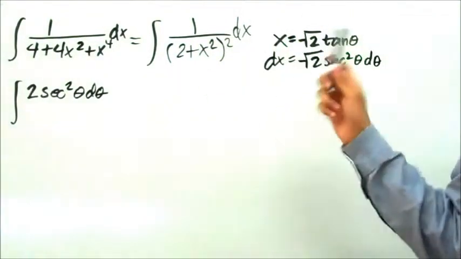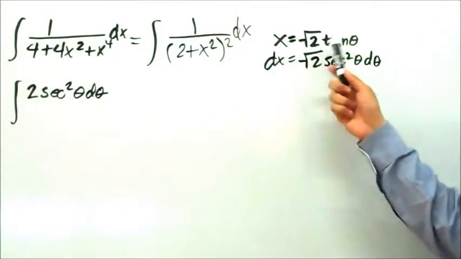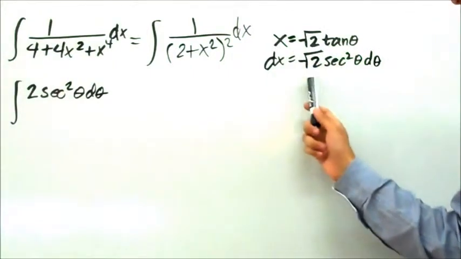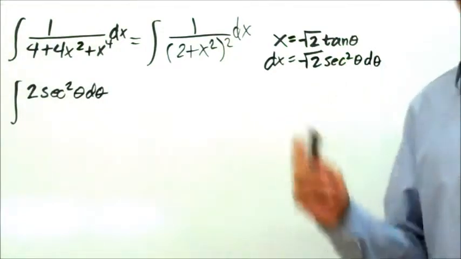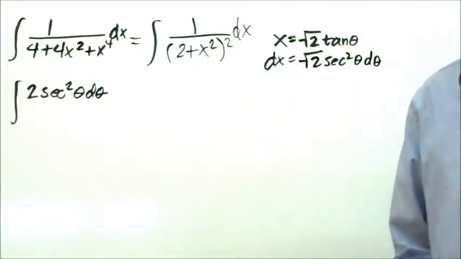From our triangle, we got that x equals square root of 2 tangent theta, and dx equals square root of 2 secant squared theta d theta. Now we'll use x and dx to make our substitution.